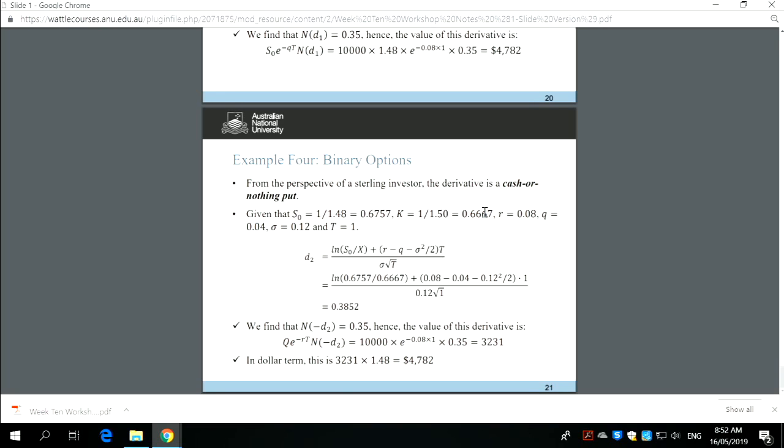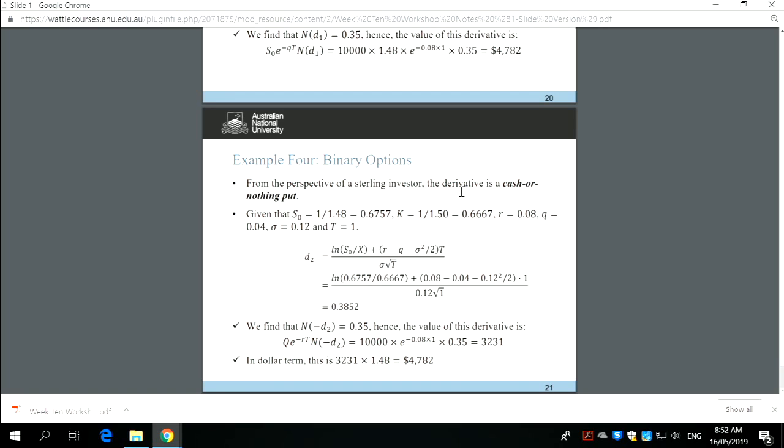So if the dollar-sterling exchange rate gets above 1.5, in translation to the sterling investors' point of view, the exchange rate gets below 0.67, then this derivative would provide a payoff.